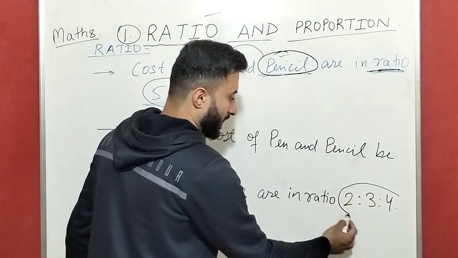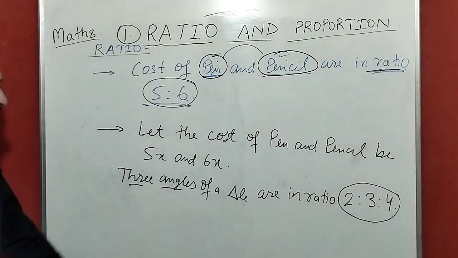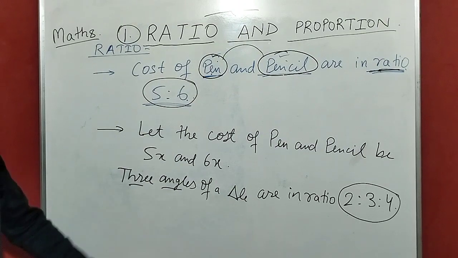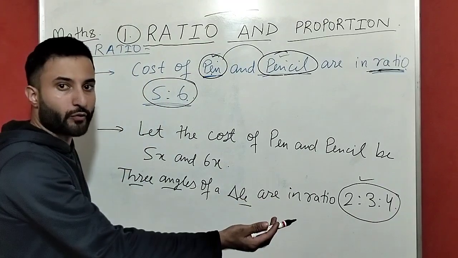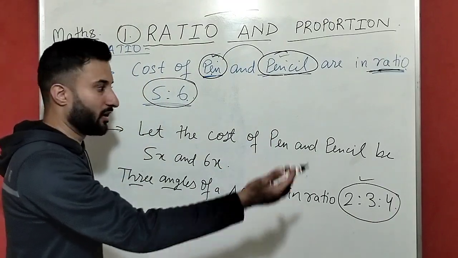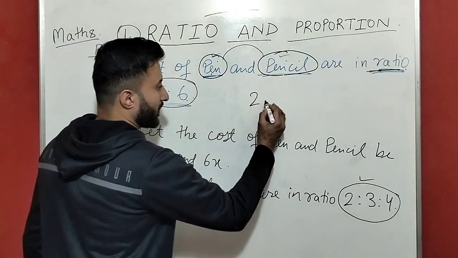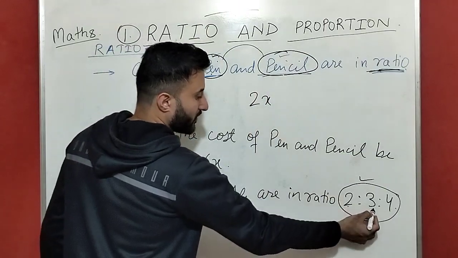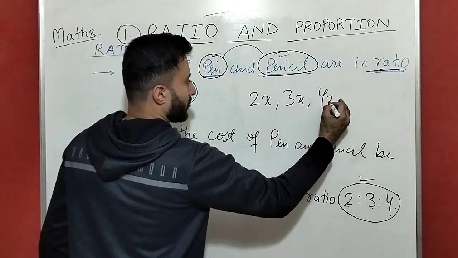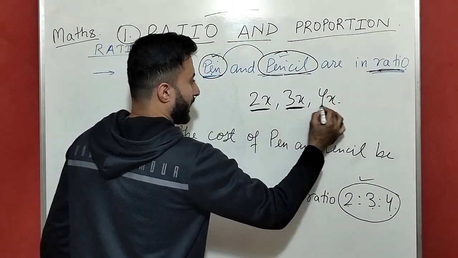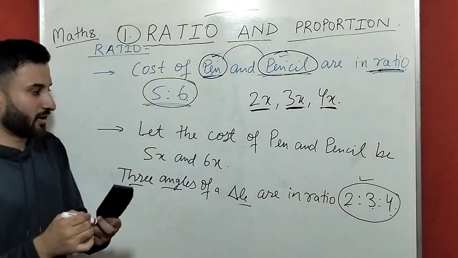They are talking about three quantities, and they are given in ratio. So how are we going to express the three angles of a triangle? We are going to express them as 2x, 3x, 4x. These are the three angles of a triangle.